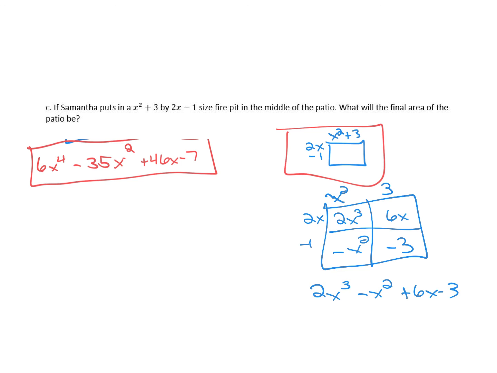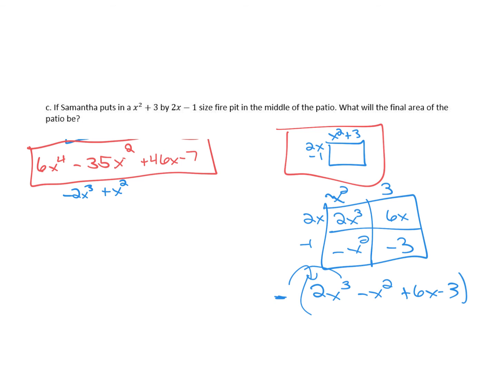Okay, so take a second there. Be careful. That is an x squared and a 6x, so we cannot combine them. And now that we figured out the area of this smaller rectangle, remember, we are subtracting that from the larger one. So in this process, let's come up here and subtract. Well, there is no 2x cubed up there, so be careful.